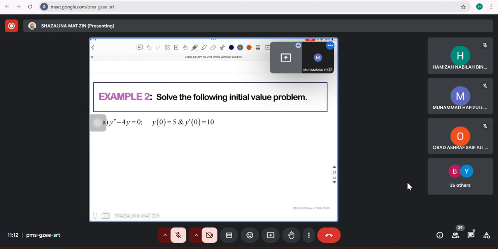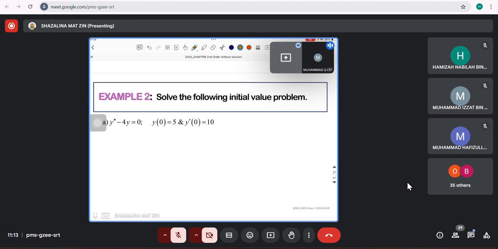Wah, ada dah. Binamru yes, Hafizullah yes, Izzat yes. Izzat ada tadi kan? Ada. Okay. Dan lagi 3 orang ni. Nur Ain, Atikah.